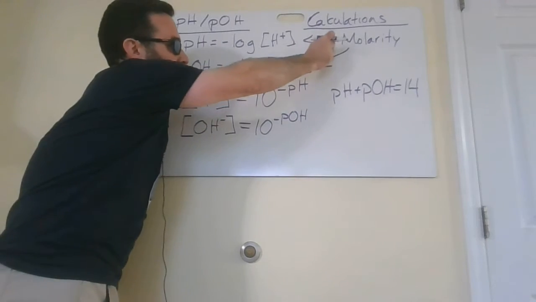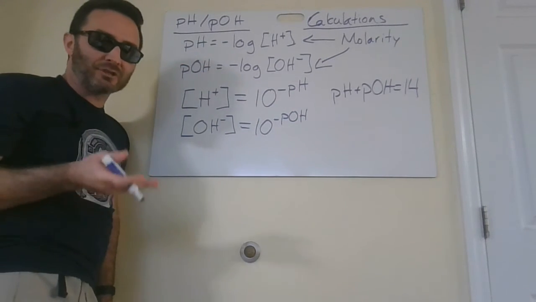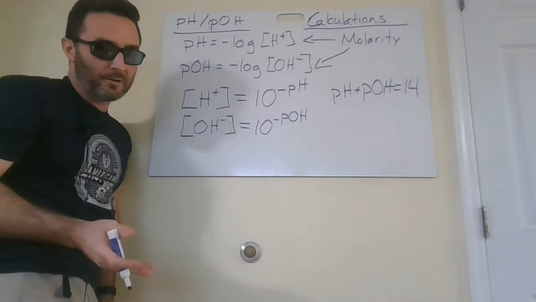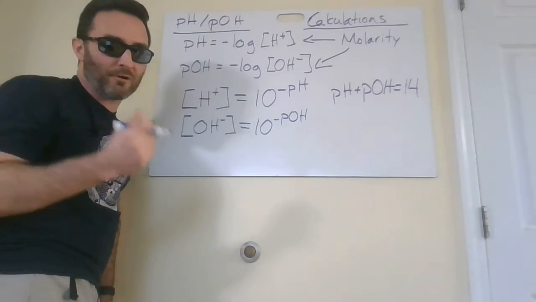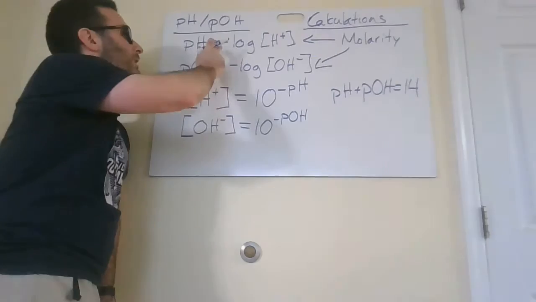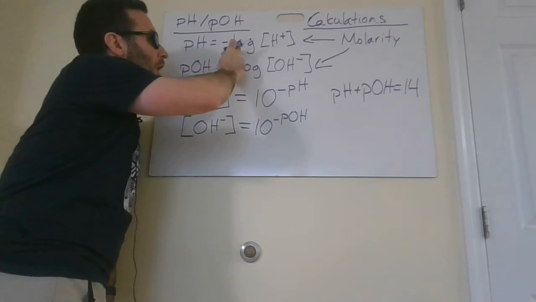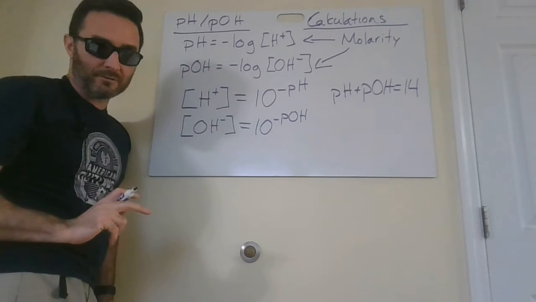So I made a point to put this in molarity. What you're doing is actually calculator work. If you've got the molarity of the H+ concentration, all you're doing is punching into the calculator the negative log of that concentration.